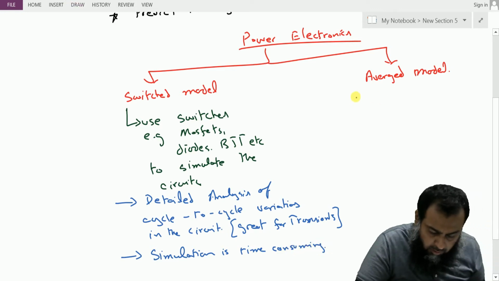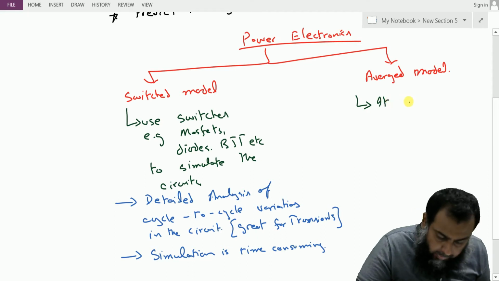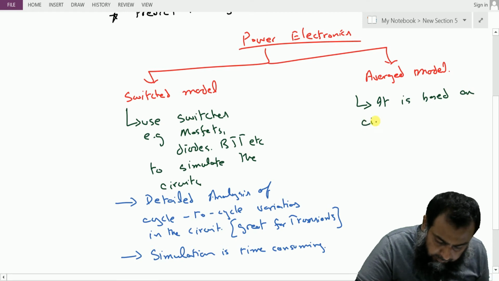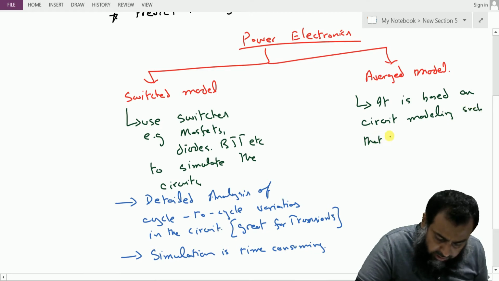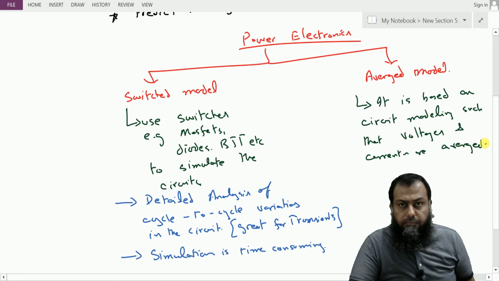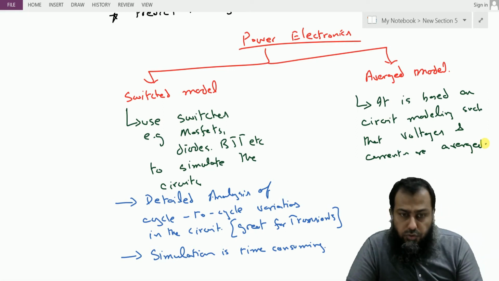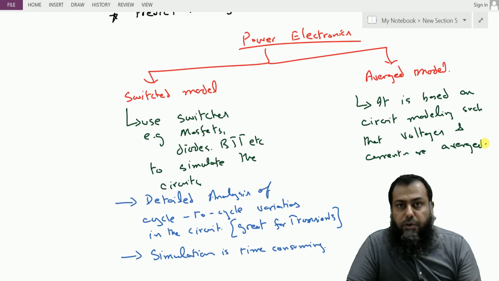The average model, on the other side, is based on the circuit modeling such that the voltage and the currents are averaged. So the average values of these voltages and currents are used to develop an average model.